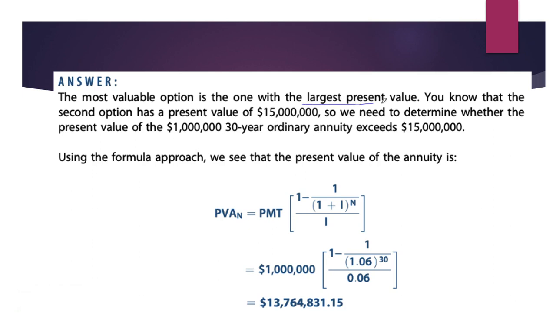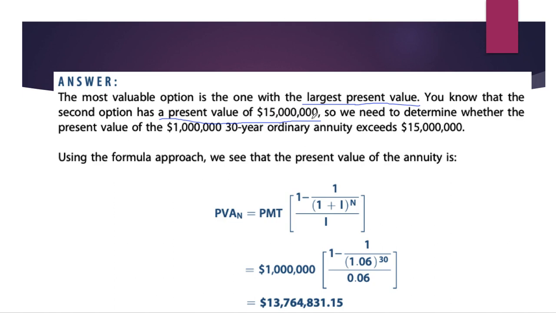Okay, so we need to calculate the present value for both cases. And as we said, the second option is directly an immediate payment of $15 million. So the present value is just 15 million, right? Because it's the immediate payment.